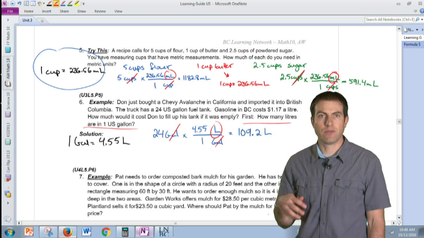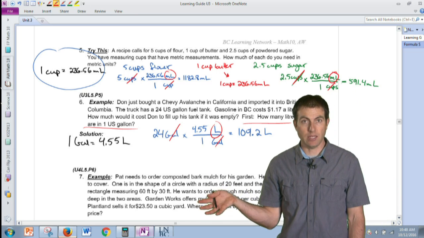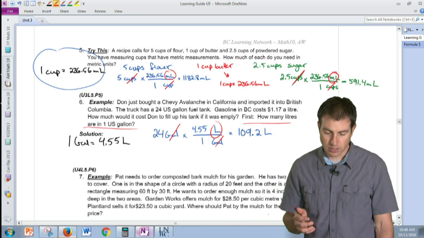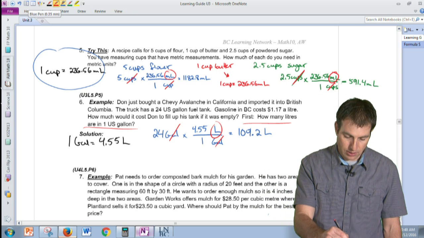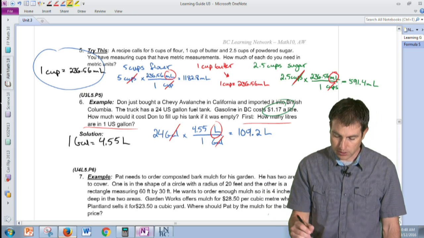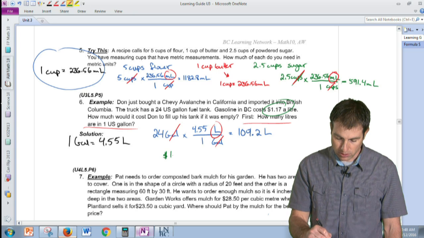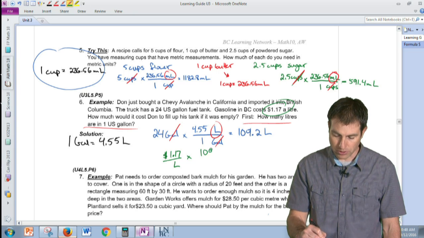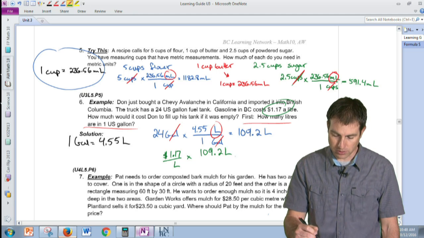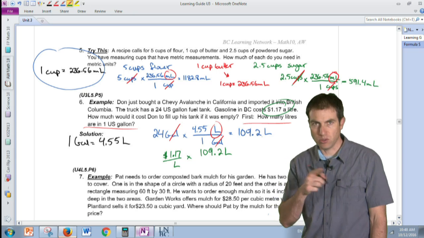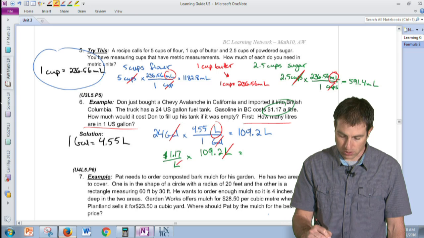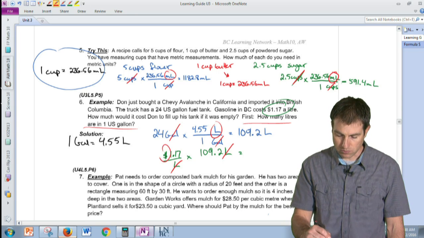Now that's kind of the first step of the problem. Figure out how big the tank is. Now each liter costs $1.17, so $1.17 per liter. So what I need to do is take my price here, $1.17 per liter, and I need to multiply it by how many liters I have, 109.2 liters. Now, one really cool thing about these kind of unit conversion type questions is when I do this, my units are going to cancel again, and I get liters on the top and bottom, and I'm left with units of dollars.